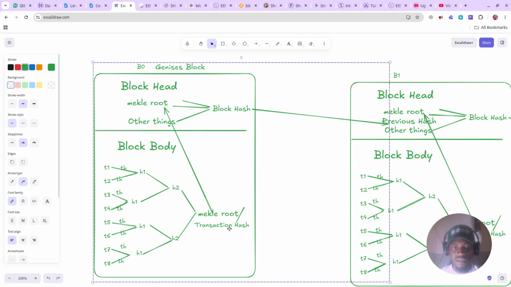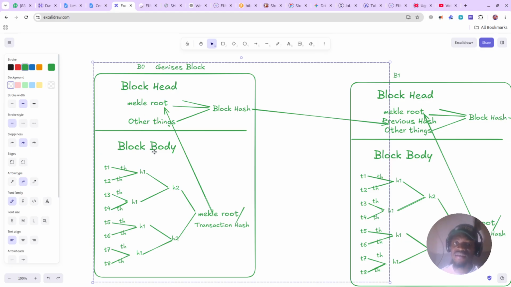So now it produces a Merkle root, also known as transaction hash. Now this Merkle root is being added to the block head, or block header. You can see now the Merkle root exists in the block header.